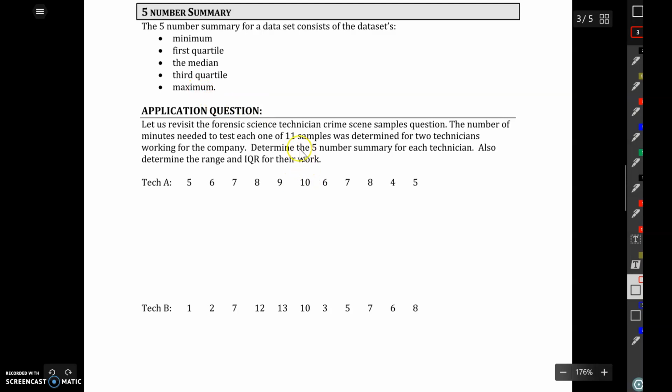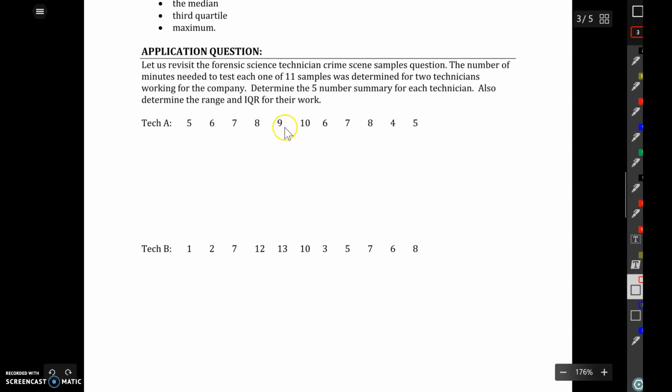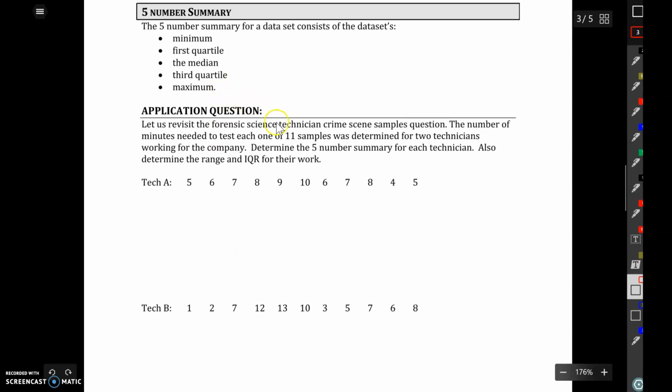So we have here some data values from 2 forensic science technicians. We looked at these at the beginning of the last notes to look at what their range of the values were. So we have 11 samples from 2 technicians, and what we want to do is determine the 5-number summary for each technician.